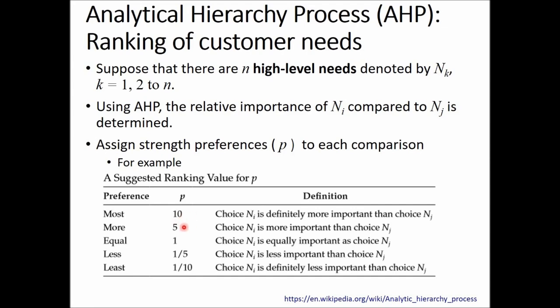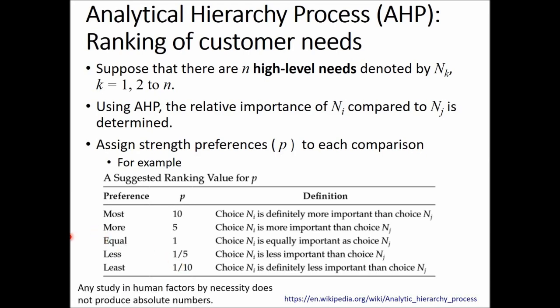So if N_i is less important than N_j, you can say 1 upon 5, and if N_i is definitely less important, then you could say 1 upon 10. That is the usual practice. If one is more important than the other, we use one number, and if one is less important than the other, we use the inverse of that number.